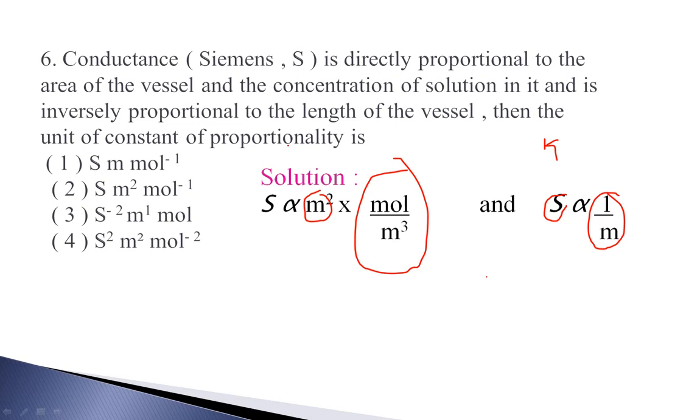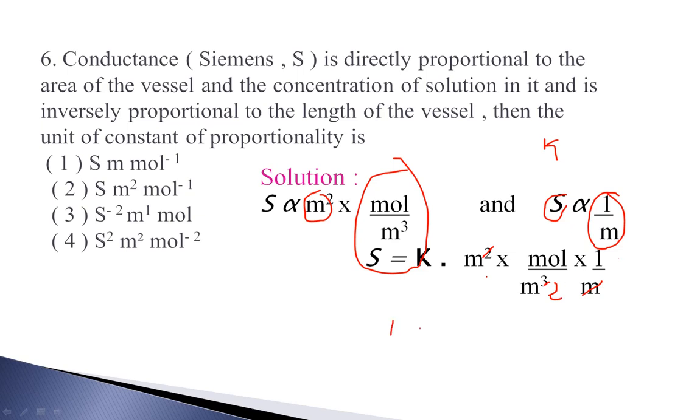On combining these two relations, the equation becomes: Siemens equals constant k into m square into mole per meter cube and 1 divided by m. On simplifying, these cancel, leaving only mole per m2 into 1.